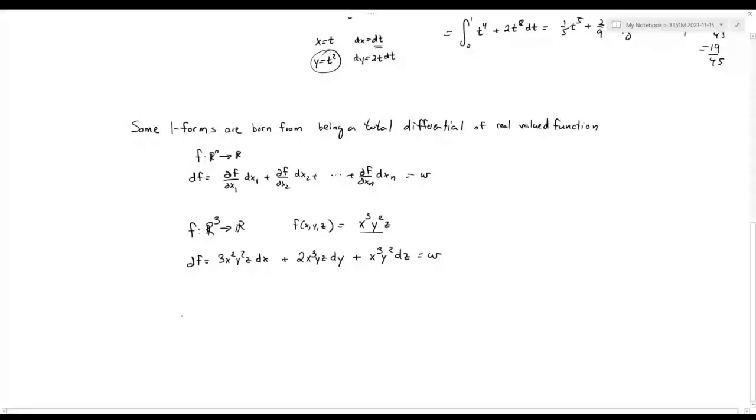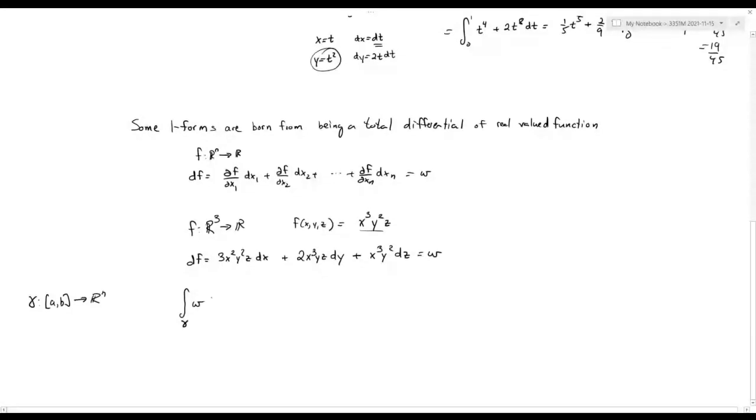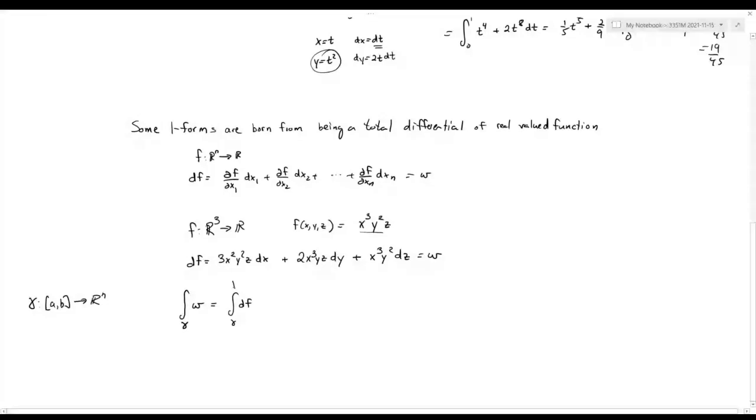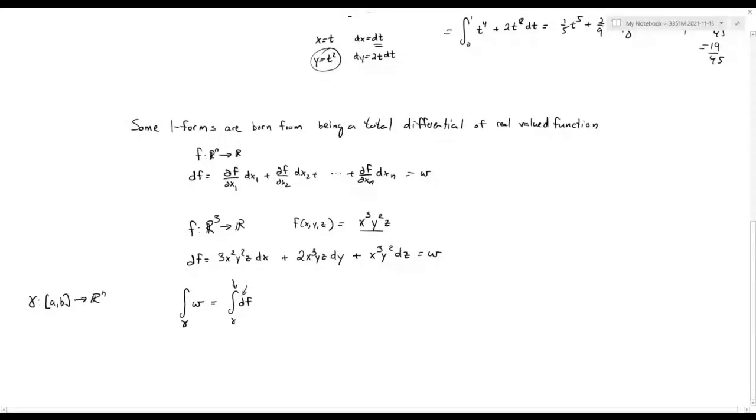If I want to integrate over some path from A to B in Rn, and I'm integrating this one form, which you get from finding the total differential of f. Okay. So one thing you can think of is that this is the anti-differential over differential. They kind of annihilate each other, and you would just get f.